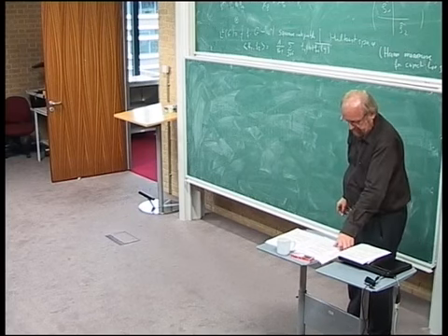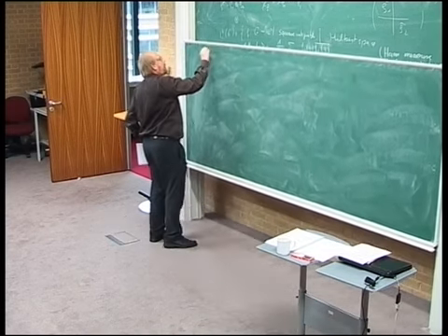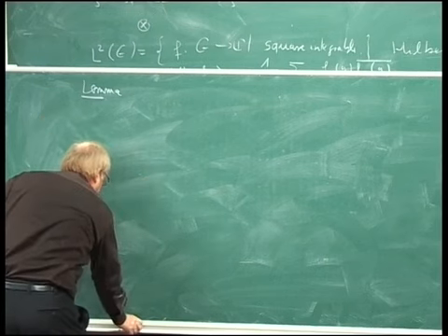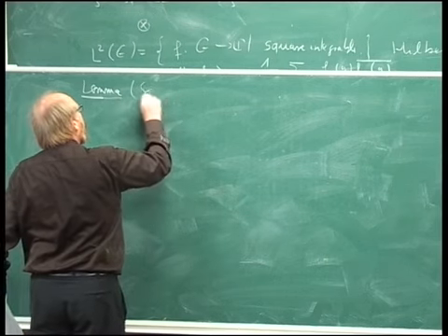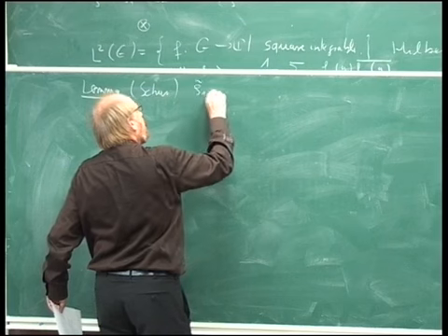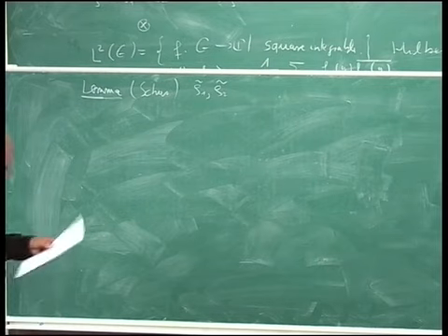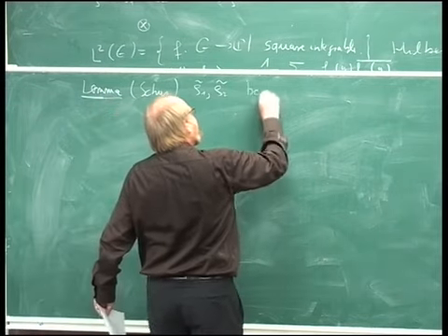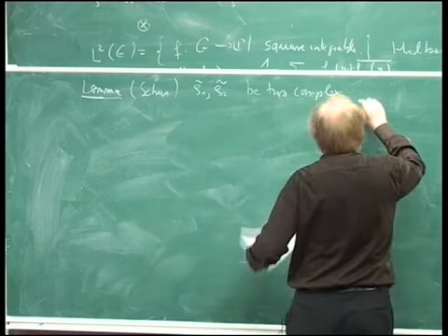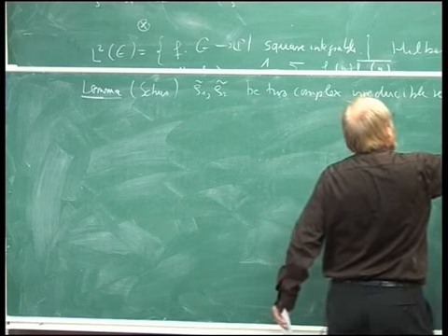Okay, so let me write down a lemma, which is Schur's lemma. If we have rho 1 tilde, I don't know why he started to write tildes for this, the two complex irreducible representations.